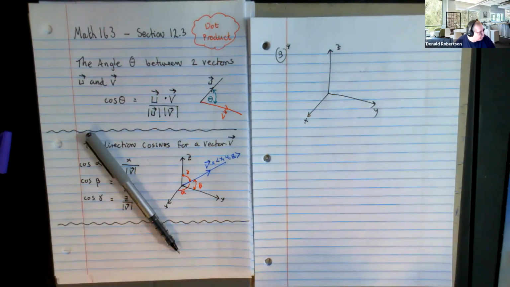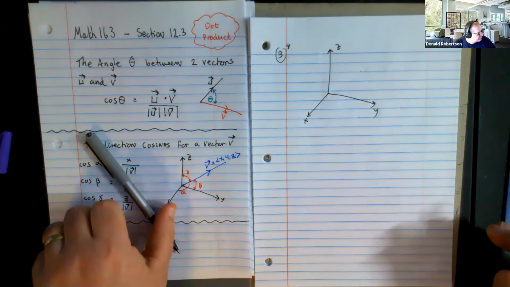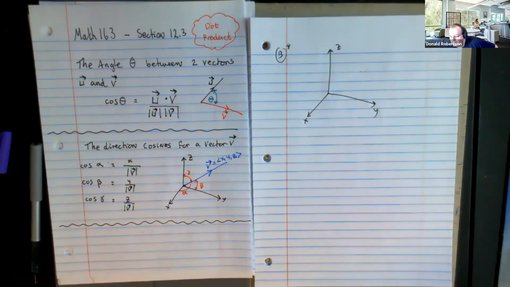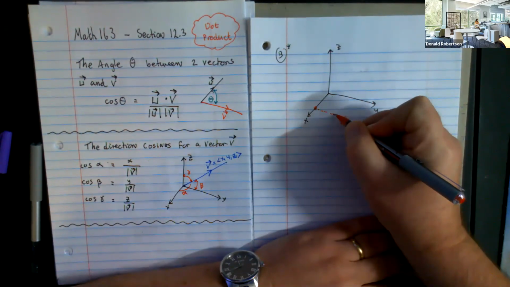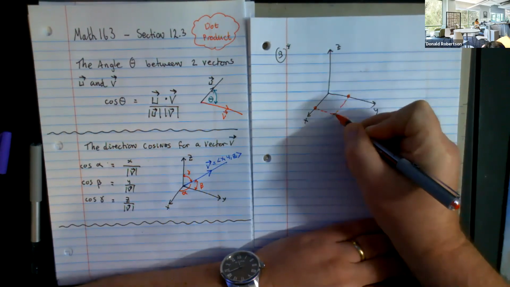I am not being told how big the cube is, right? So it could be 1 unit long or 20 units long. So let's see if I can just imagine what that cube might look like.